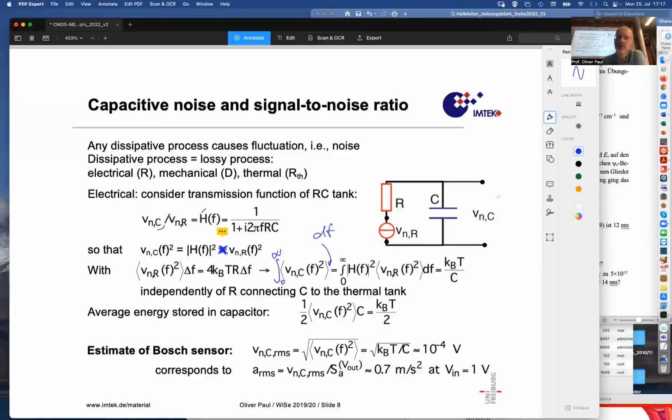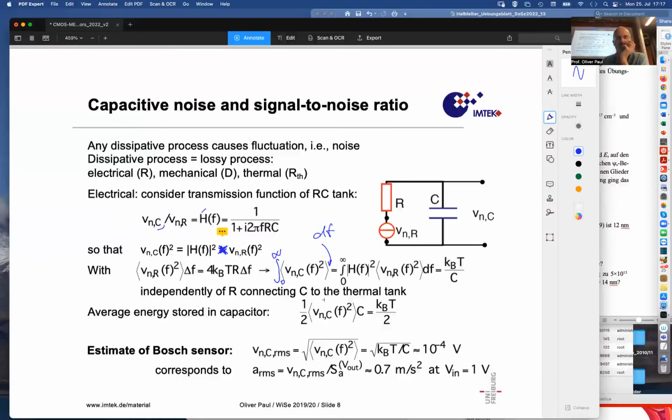So the noise voltage here, integrated over all frequencies, summed up, stochastically, produces a voltage that on average has the square value kBT over C. Independent of the R, as long as this upper limit is larger than the frequency corresponding to the time constant of this RC.